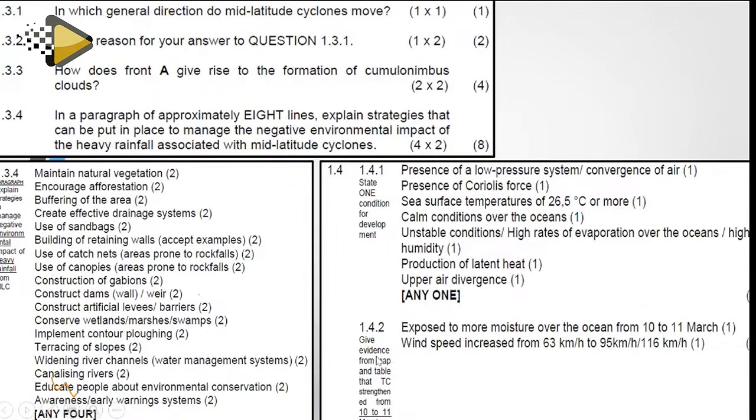It was taken from last year's question paper in December. You can maintain natural vegetation. You can encourage afforestation.